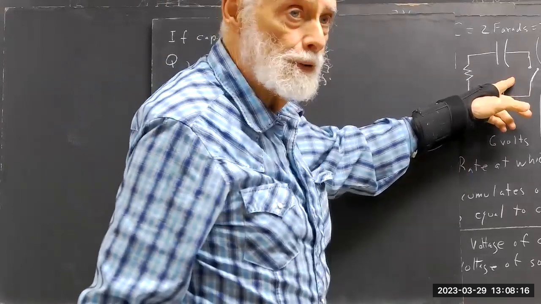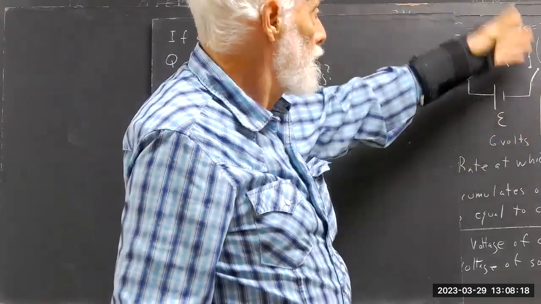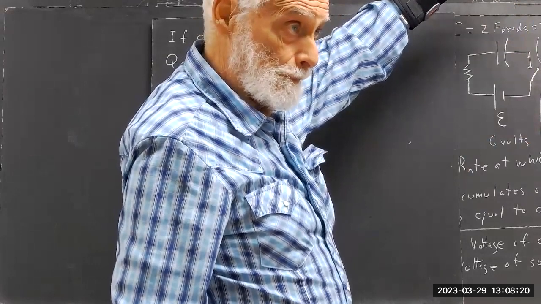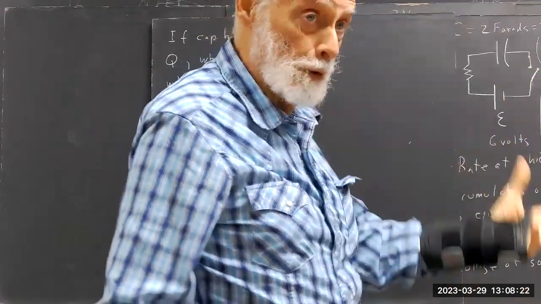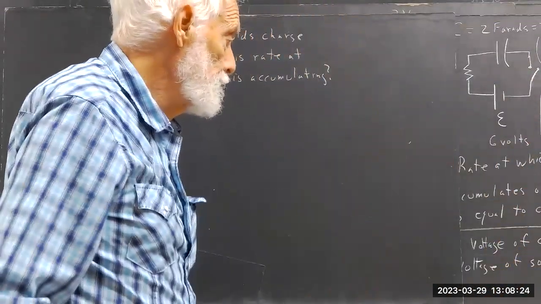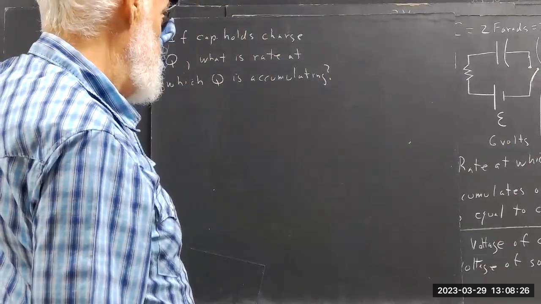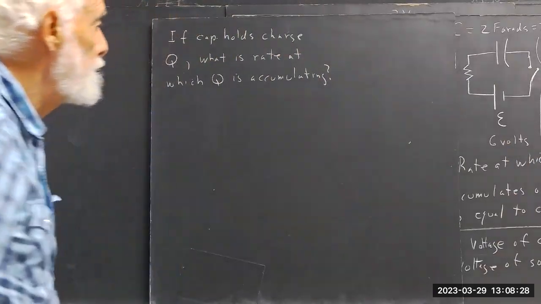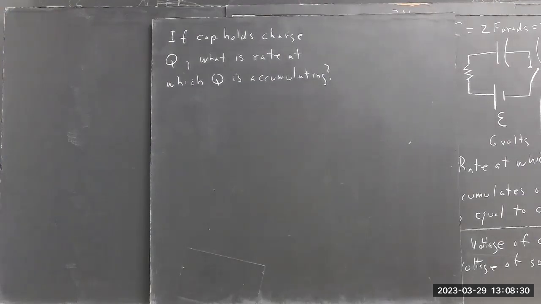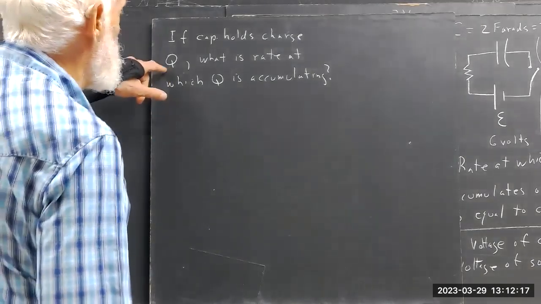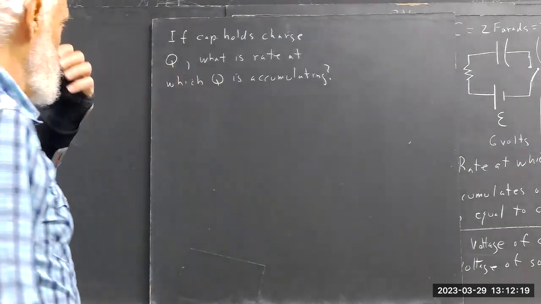It's the same question I asked here, except now it's for an arbitrary charge Q. So in symbols, how does it work out?